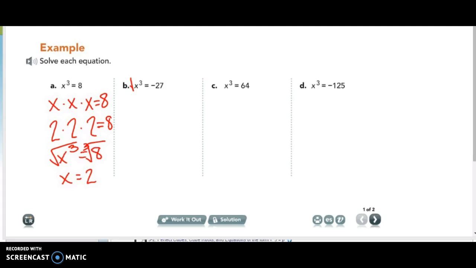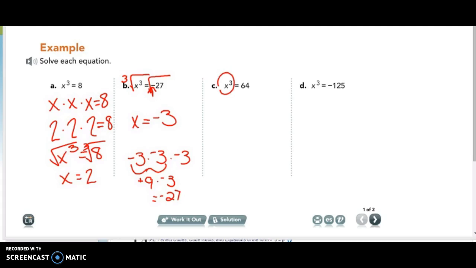Here I'm going to cube root this one as well, and this one. And here we're going to get a 3, and we know from this that it has to be negative, because negative 3 times negative 3 is going to be a positive 9, times another negative 3 is going to be a negative 27.